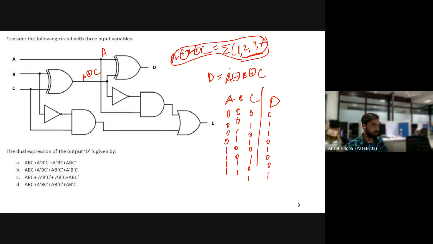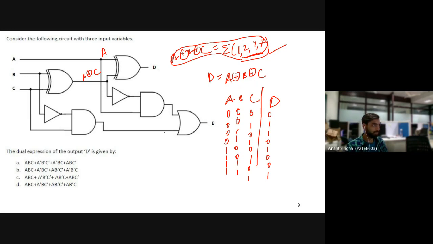Did you get this part? Many of you are writing option B. We'll check. Yeah, option B is correct. Please remember this 1, 2, 4, 7 is nothing but a combination of XOR gates.